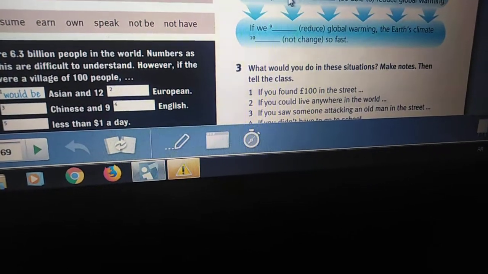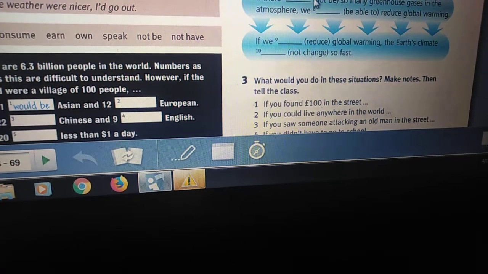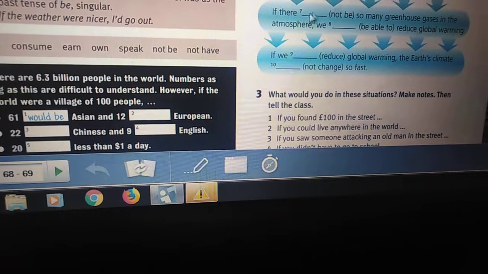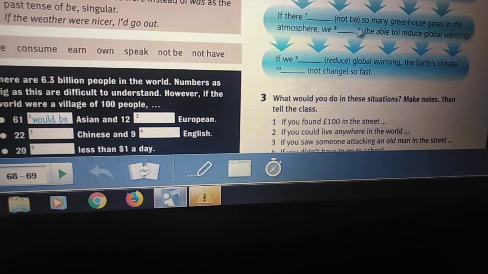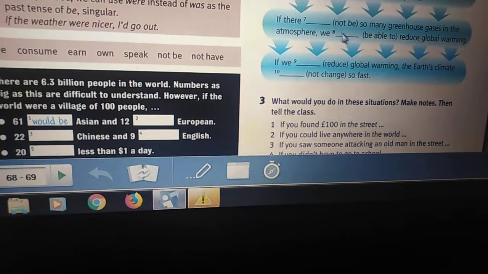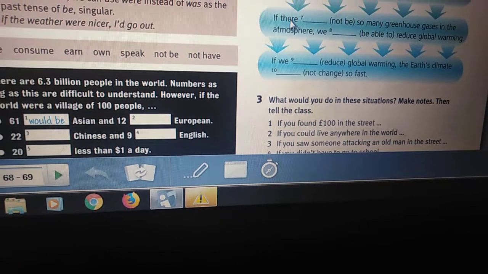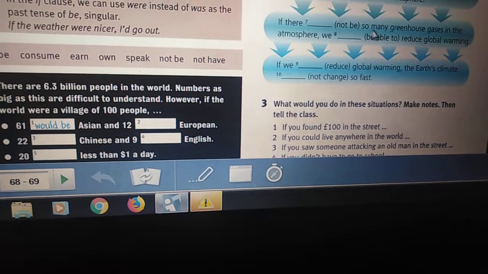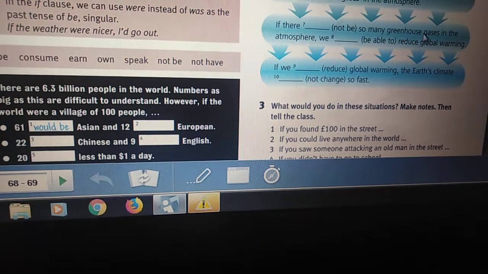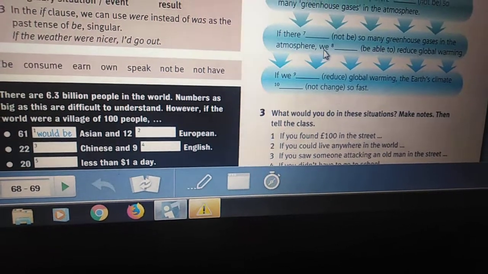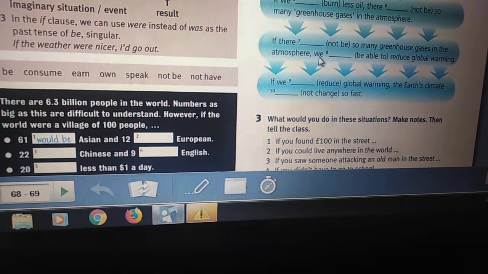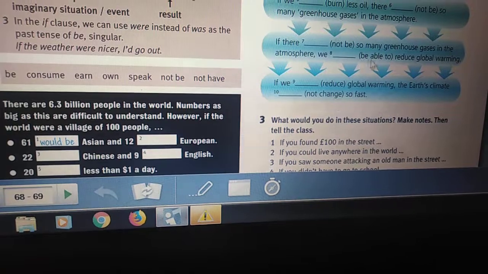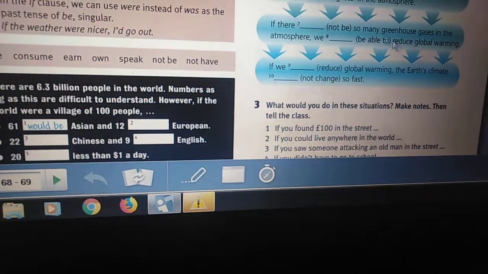If there weren't so many, the verb be here is was or were, so we choose weren't. If there weren't so many greenhouse gases in the atmosphere, we would be able to reduce global warming.